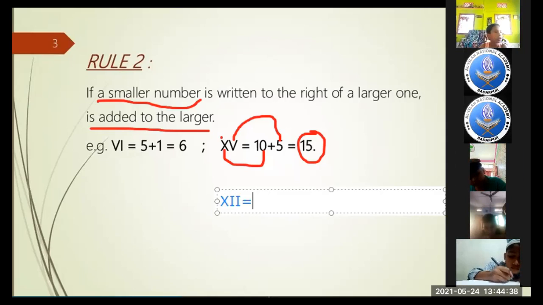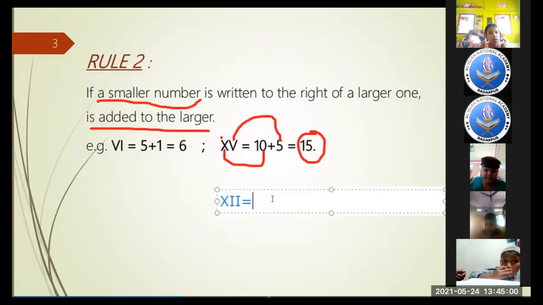Who can tell me the answer? Just raise your hand. Okay, Mashood Hassan. Very good. Let me unmute you. Okay, now I have unmuted. You tell me the answer. Unmute yourself first. Sir, 12.